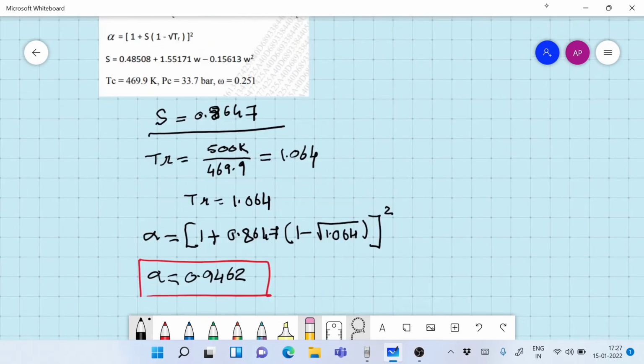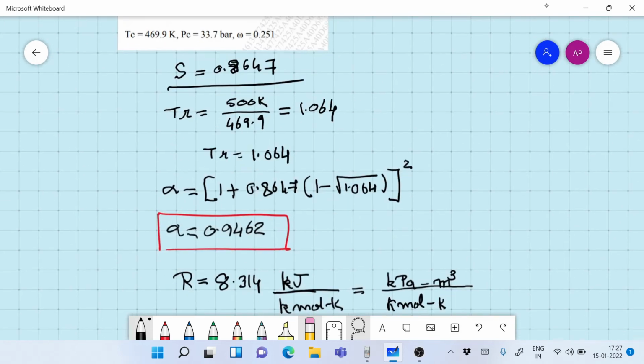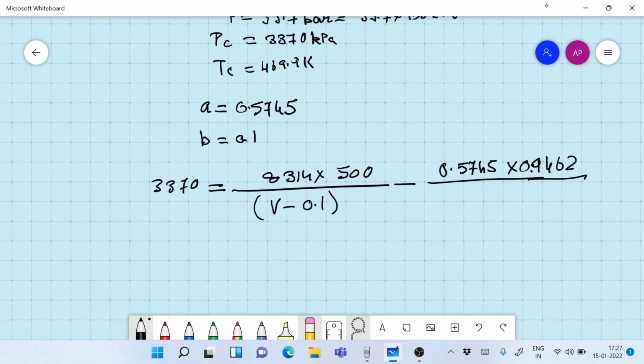And then we have V plus B in the denominator, so that is V plus 0.1.